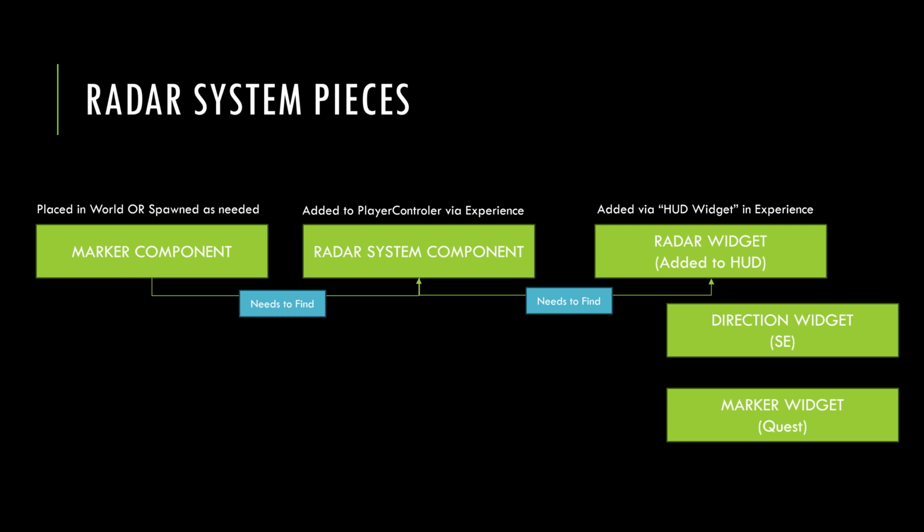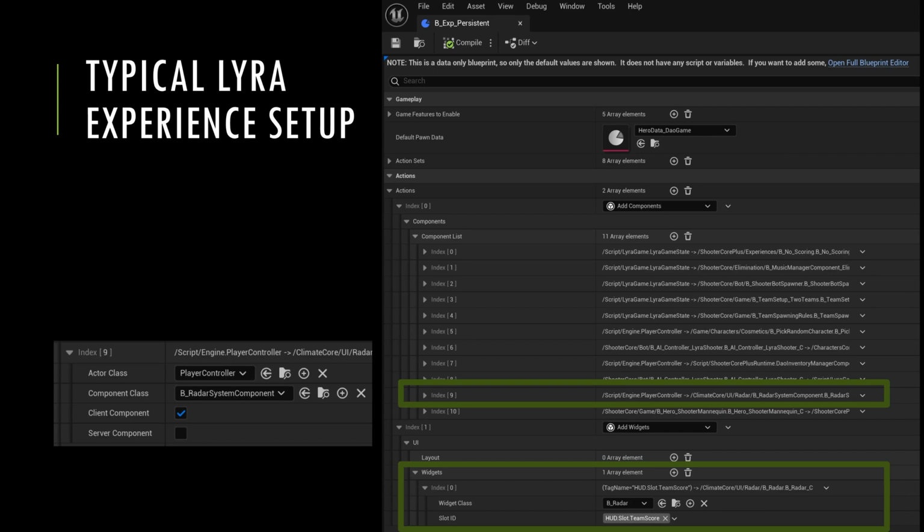The reason we have to link them together this way is that in our typical Lyra experience setup, we're not adding the radar system component directly to the pawn like we would in a non-Lyra structure.